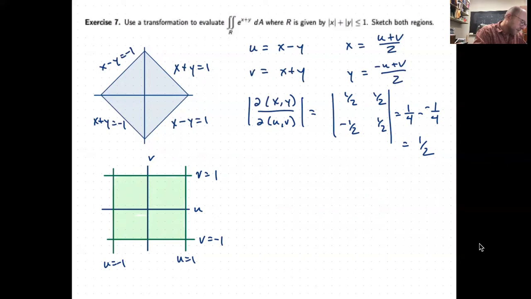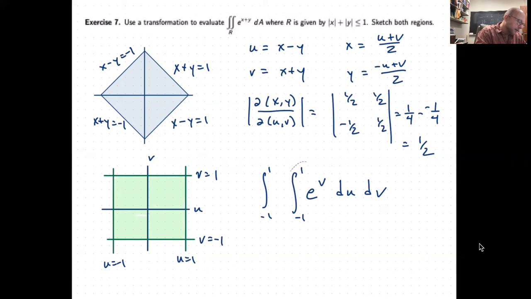And then we're going to have our integration, and it's going to be super nice to set up. And we will have an e to the, let's see, x plus y is the v, okay? And we can say du dv or dv du, does not matter because we go -1 to 1, -1 to 1 on both of them.